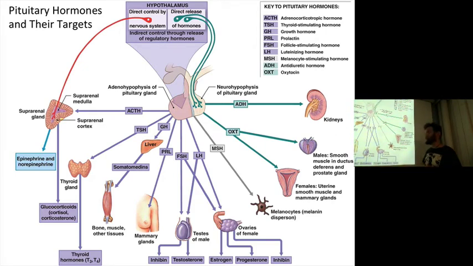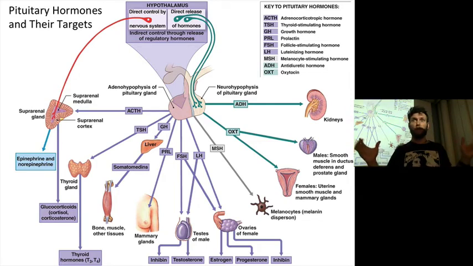That is going to lead to the activation of melanocytes. You may remember when we talked about epithelium, the skin, the cutaneous membrane, the melanocytes are the cells that are in the basal layer, or the stratum germinativum of the epidermis.